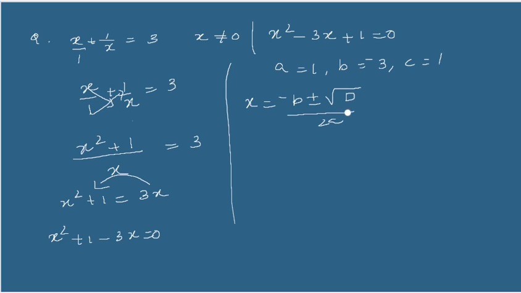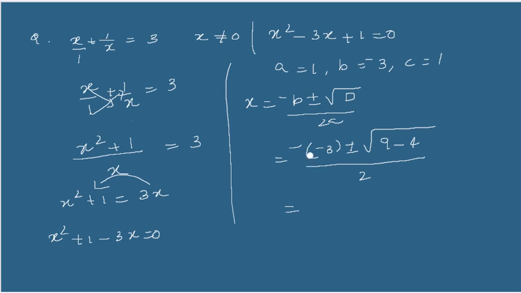This is equal to minus 3, because b is minus 3 here, plus or minus root of b square, that is minus 3 square, that is 9, minus 4 into a into c, that is 4 into 1 into 1, that is 4, divided by 2a, that is 2 into 1, that is 2.